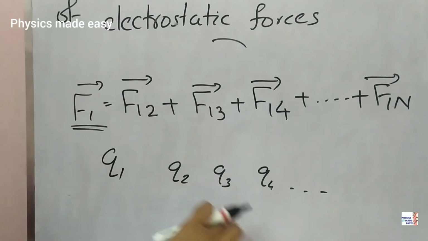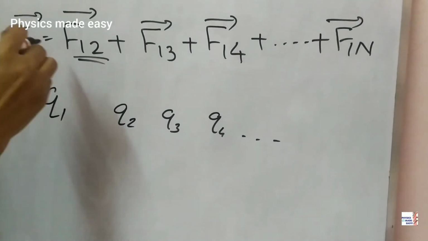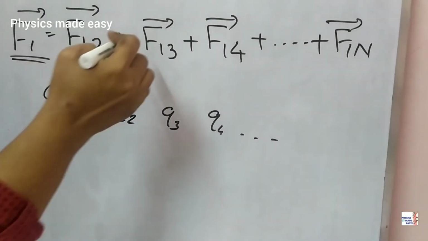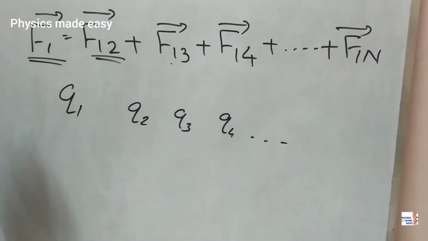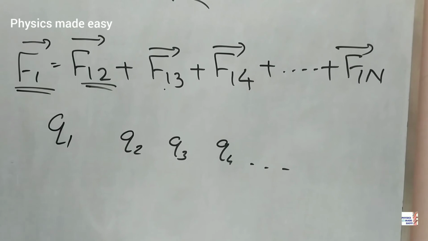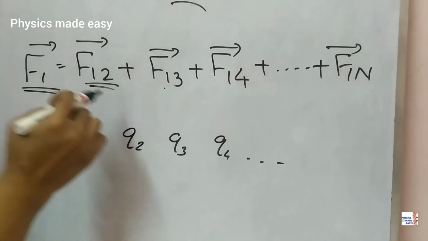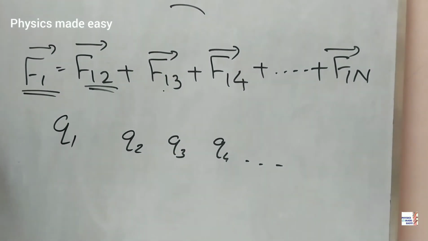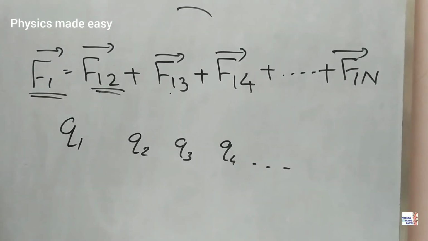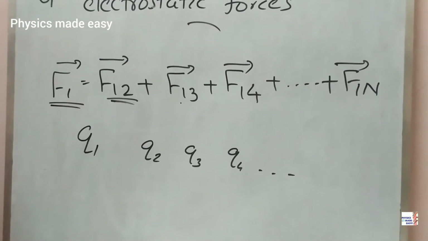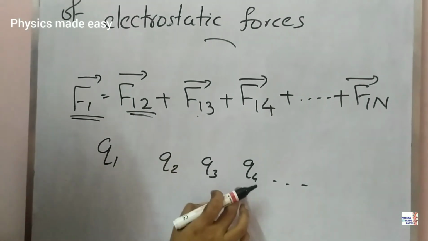F12 is the force acting on q1 by q2. F13, force acting on q1 by q3. So the total force on this charge q1, we can take this as F1, that is the vector sum: F12 plus F13 plus F14 plus etc., F1n. So the total force on the given charge is the vector sum of the forces exerted on it due to all other charges.